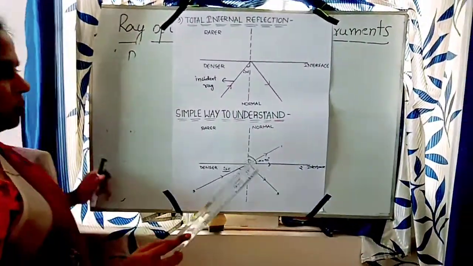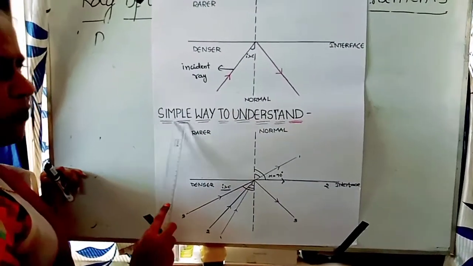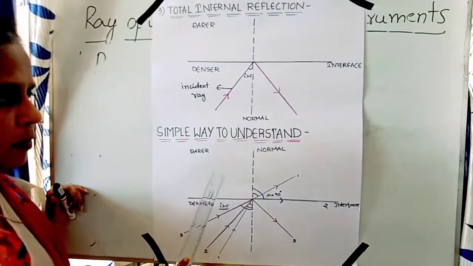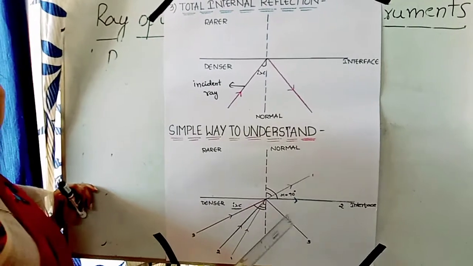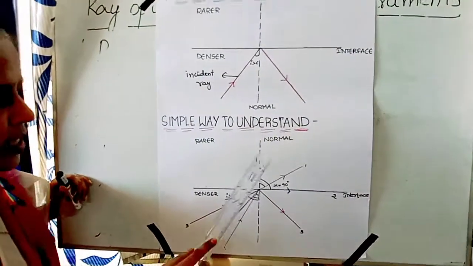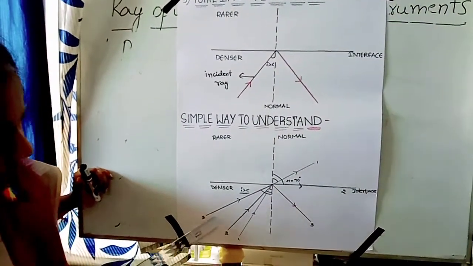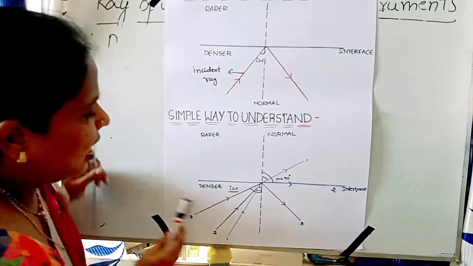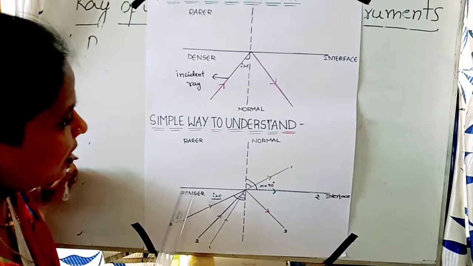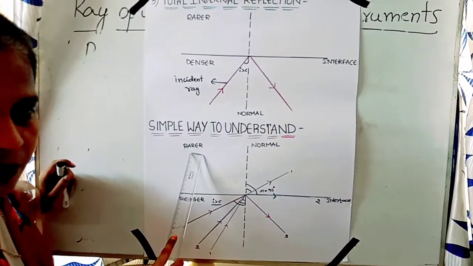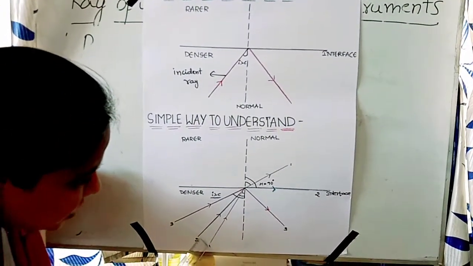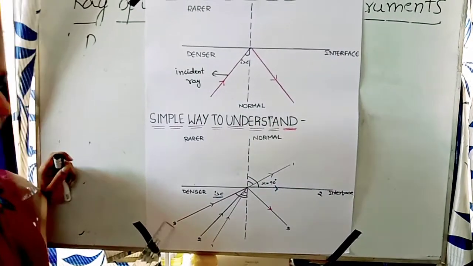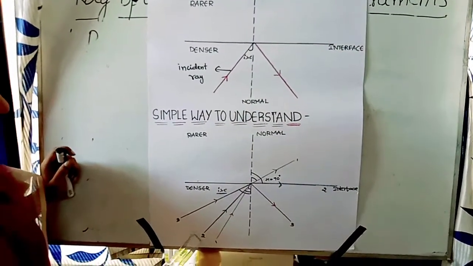Now we can understand critical angle and total internal reflection in a simple way. To see the diagram here, this is also an interface, and this is the denser medium, and this is the rarer medium. Here we take 3 rays: first ray, second ray, third ray.